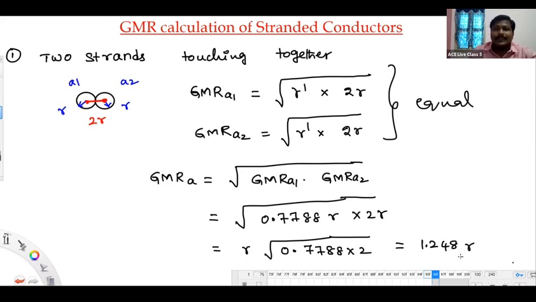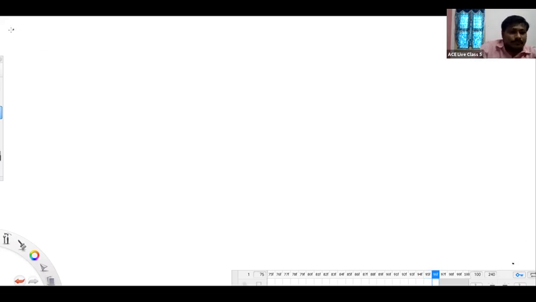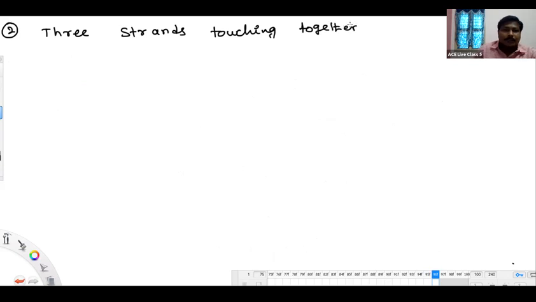Second question. Three strands touching together. Please draw that configuration. How will it be looking? Three strands touching together. I'll show.